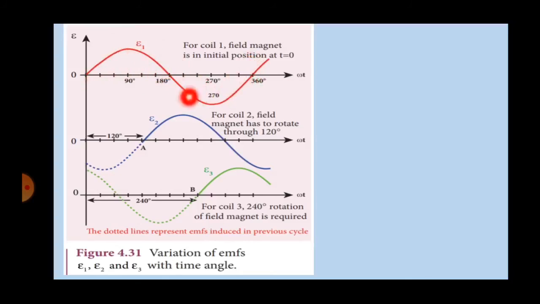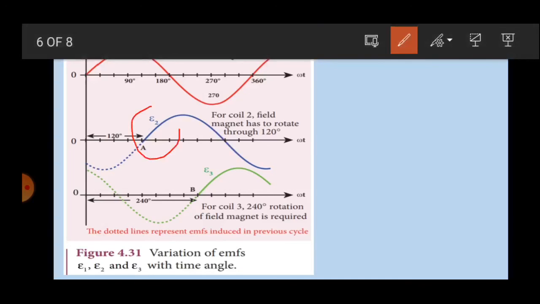The corresponding cycle for the alternating induced EMF in the first coil starts at the origin O. The corresponding cycle for alternating EMF 2 starts at point A, after the field magnet has rotated through 120 degrees.